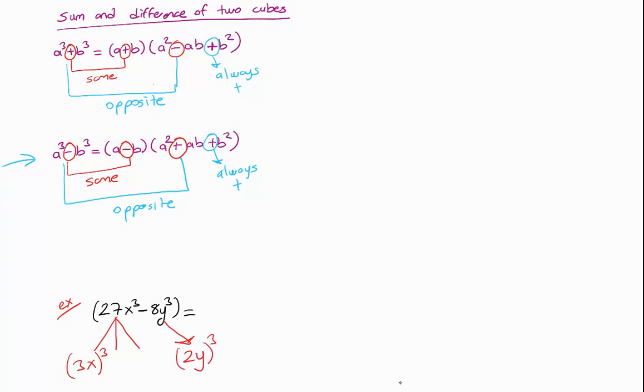So I will use 3x and 2y. I'm writing my formula from above: 3x minus 2y, right? Because my a is this one and this is my b, so my formula says a minus b.